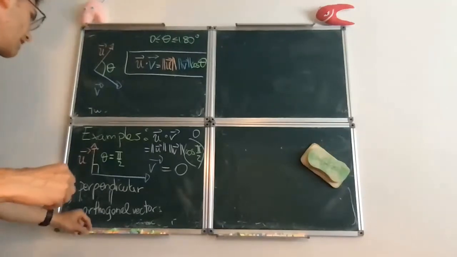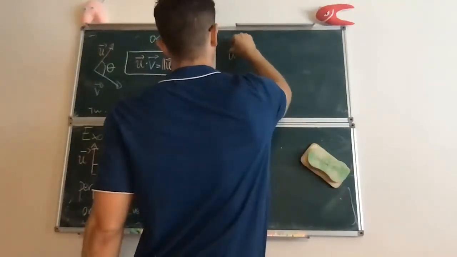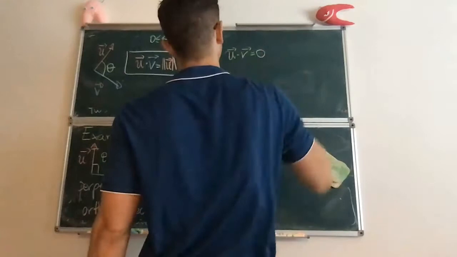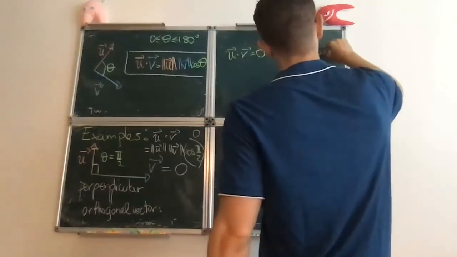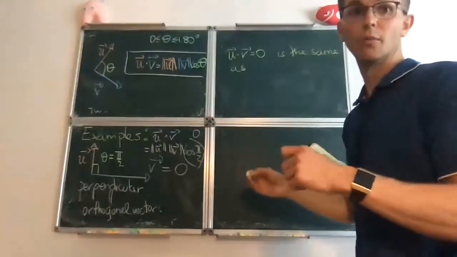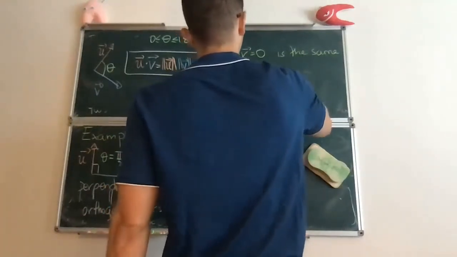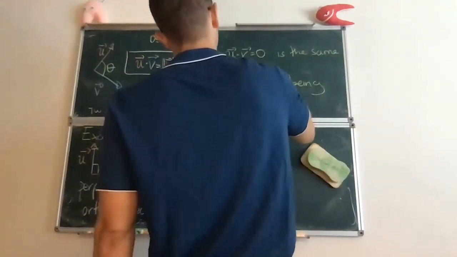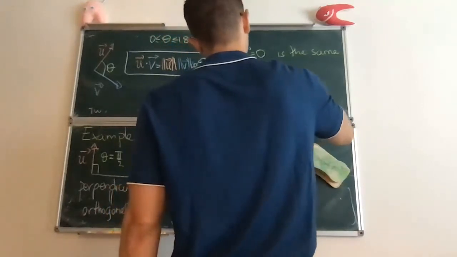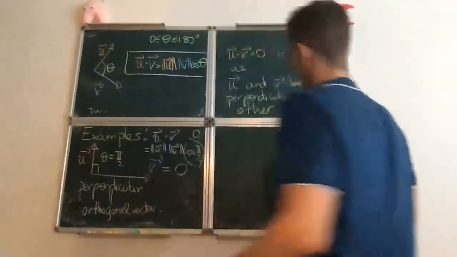So what we found here is that the dot product between two vectors being 0 is the same as the two vectors making an angle, being perpendicular to each other. Okay?